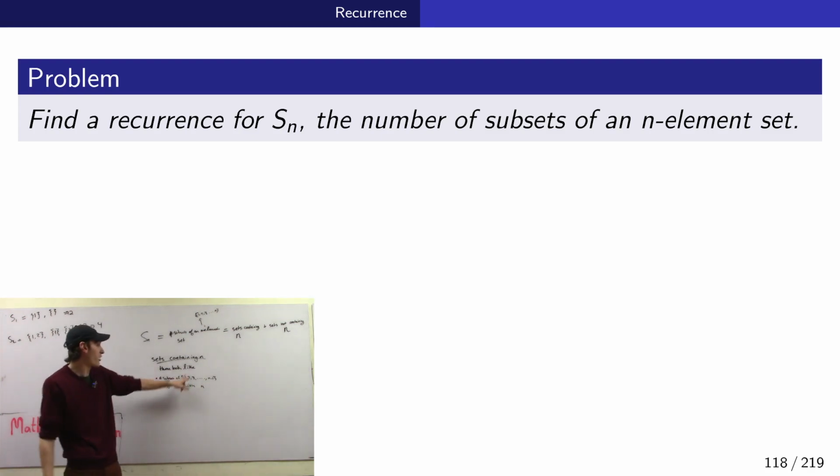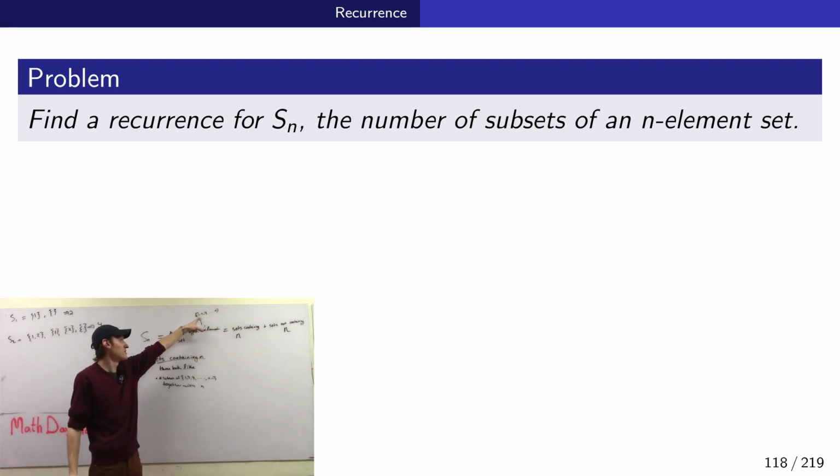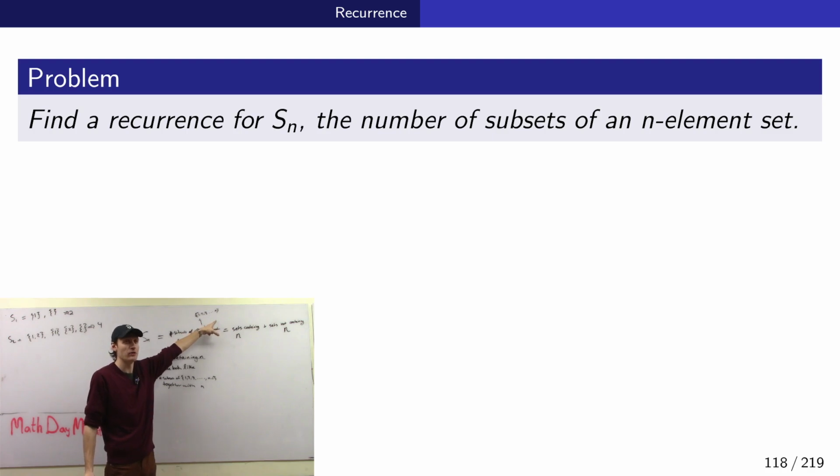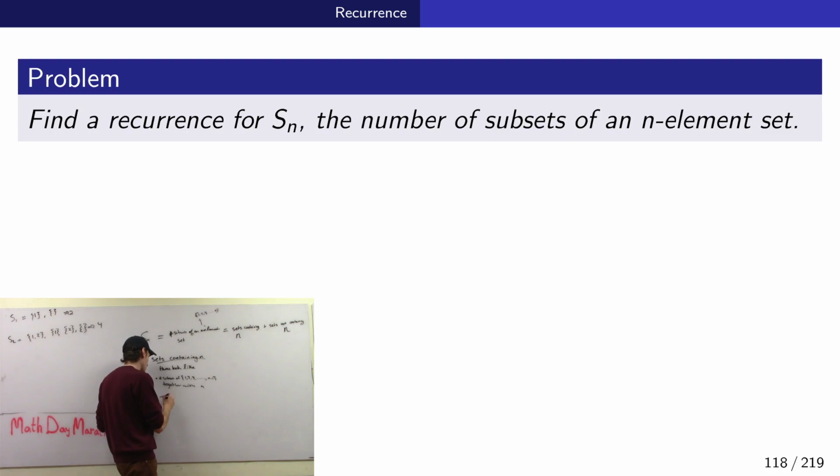So the idea is, how do I make a subset containing n? Pick all the things less than n that you want to be in there, and then add n onto it. Those are all the ways to do so, okay? How many ways can I take a subset of 1 up to n minus 1? So there are S sub n minus 1 ways to do this.